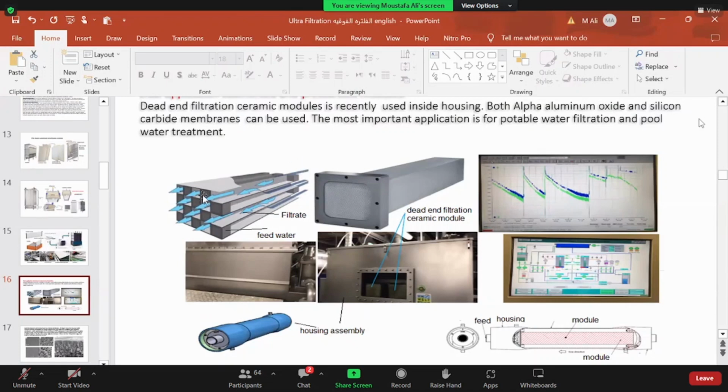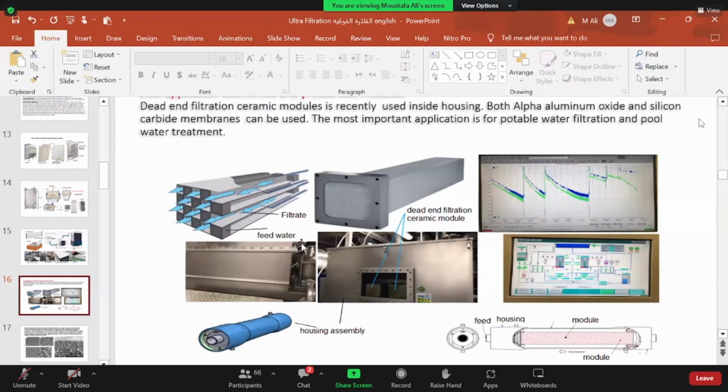The feed goes inside, the channel is closed at the end, and the other channel in the opposite direction is open for the filtrate. This is mounted with a gasket inside the housing, or inside the enclosure, as we see. This is a stainless steel enclosure, firmly closed. We can see it is very watertight.